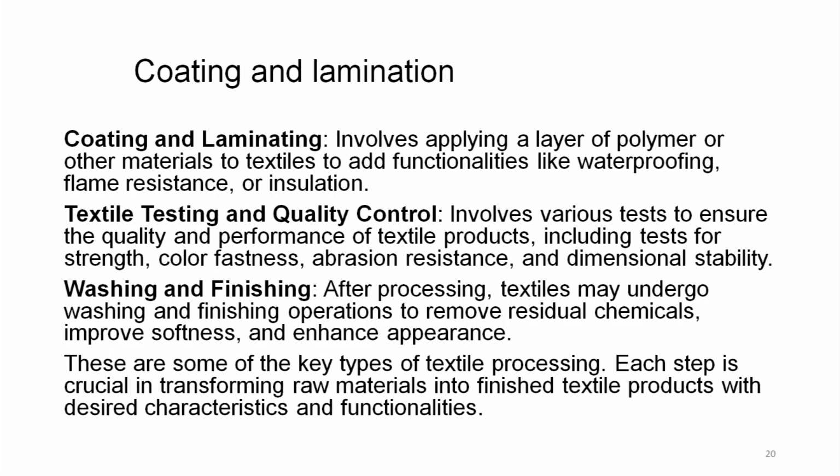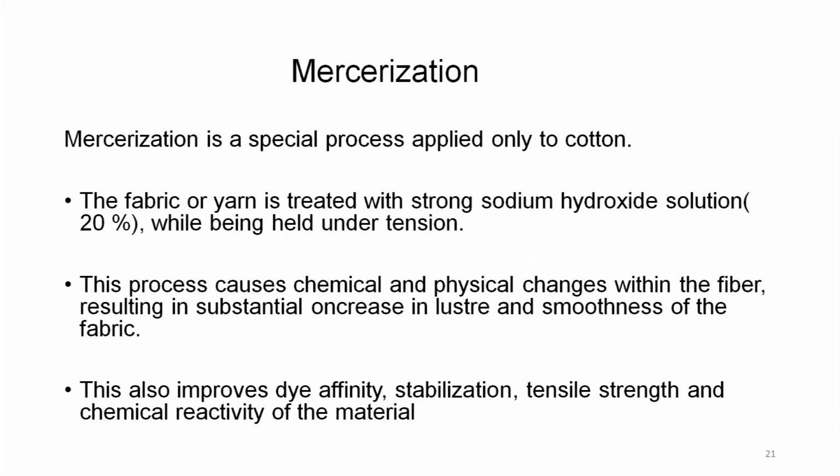Each step is crucial in transforming raw material into finished textile products with desired characteristics and functionality. So, all this is done in order to make the grey material into an aesthetically admired material, so that it can be changed into a garment.